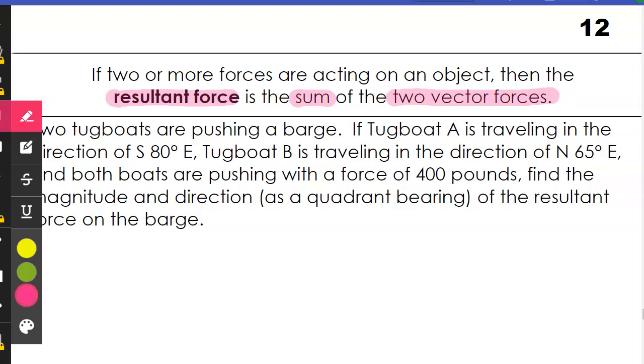What this means is, if we have multiple forces applied to an object, in order to find the total force, you need to add the forces together. You need to add the vectors together. A force is just a vector.